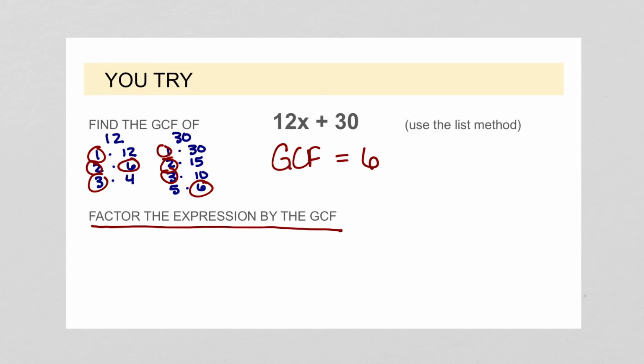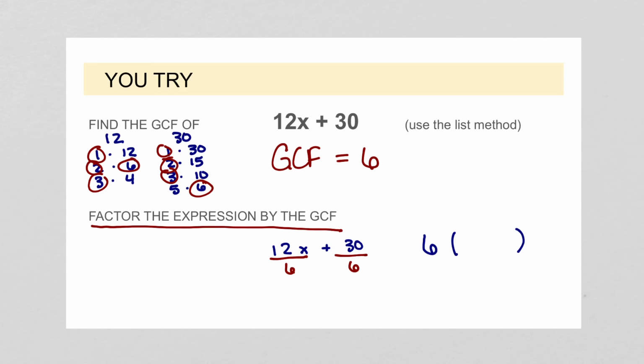Okay, so I'm going to start with my expression 12x plus 30. And I'm going to divide 6 out of both of them. So I'll start by writing my factors over here. I know that 6 is one of them because 6 is what I'm dividing by, and then I'm going to start my parentheses.